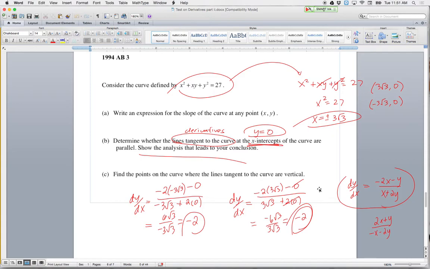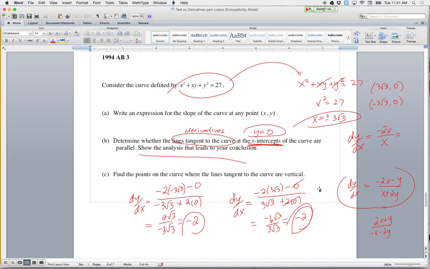But here's what was magical. What they did is said, since I have x-intercepts, can't you just plug 0 in for y into the derivative? Since you're dealing with an x-intercept, y is equal to 0, right? So you're going to end up with negative 2x over x.